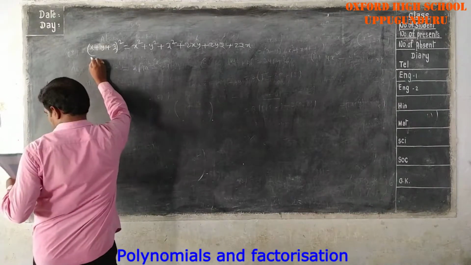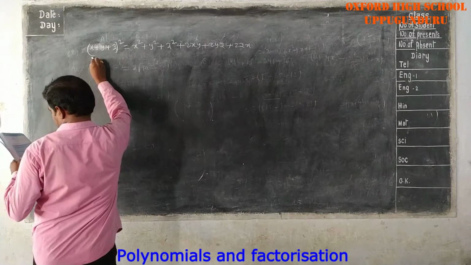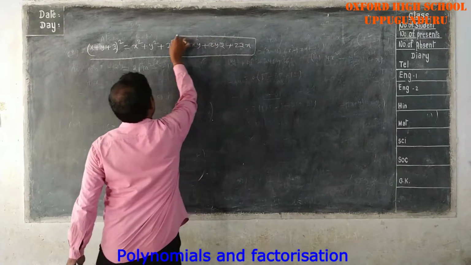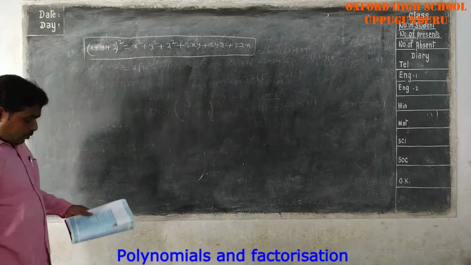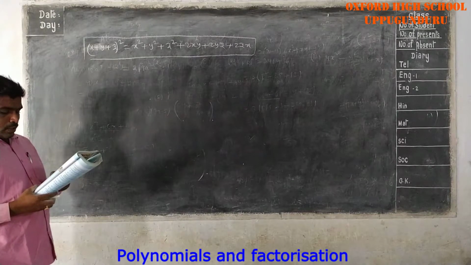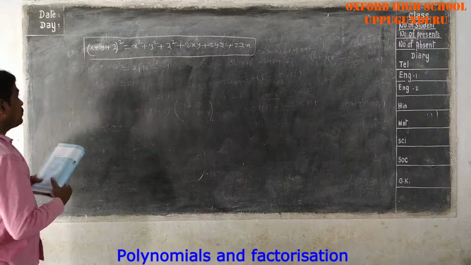So using this identity, we have to do first problem, third problem, and fourth problem.